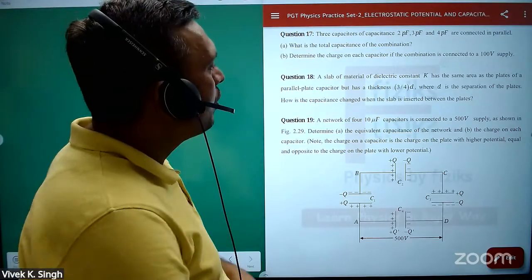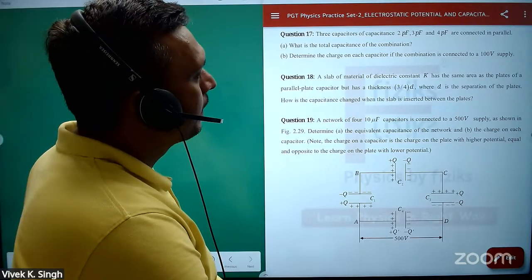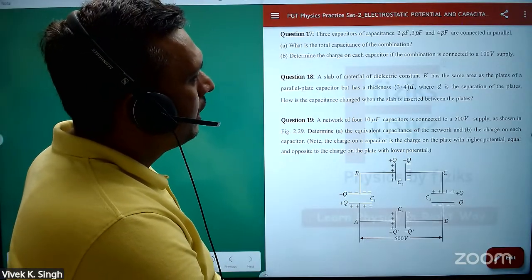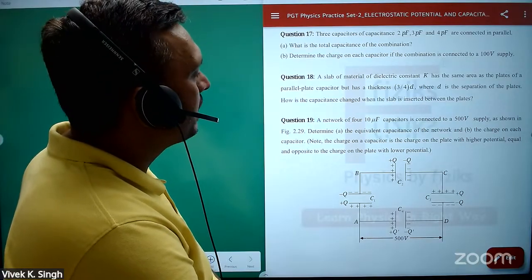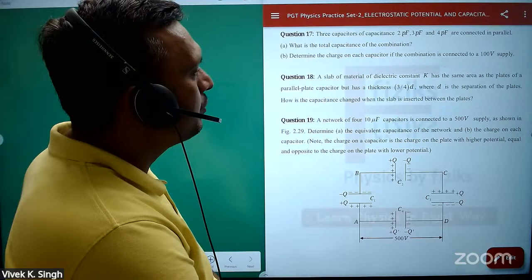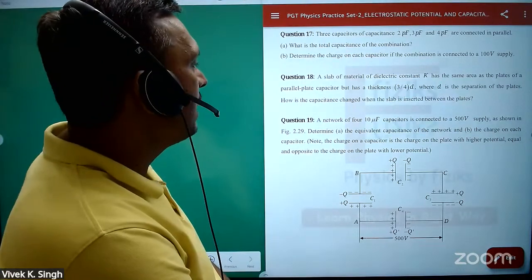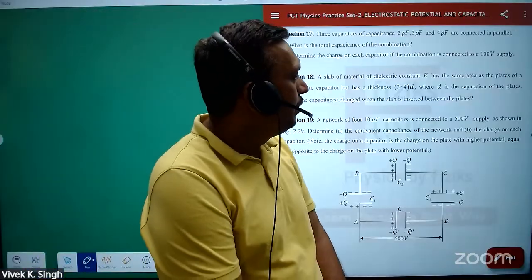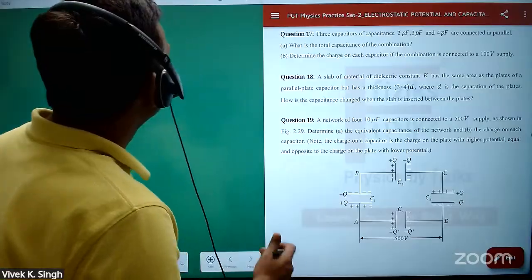A slab of material of dielectric constant K has the same area as that of the plate of a parallel plate capacitor, but has a thickness of 3 by 4 D, where D is the separation of the plates. How is the capacitance changed when the slab is inserted between the plates?